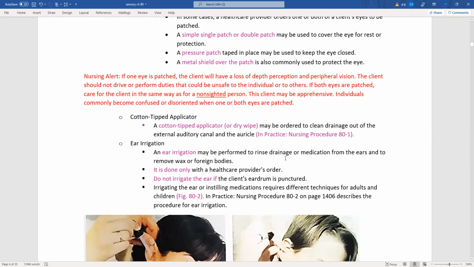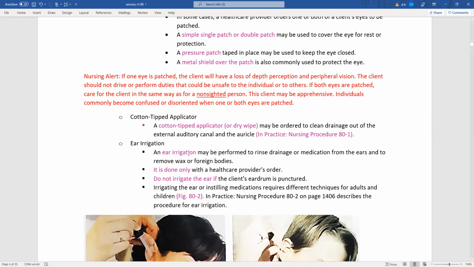Think about when you irrigate after a TURP: the client gets the TURP, and then we irrigate through the catheter to flush out the blood clots and make sure there's no blockage so they can urinate.